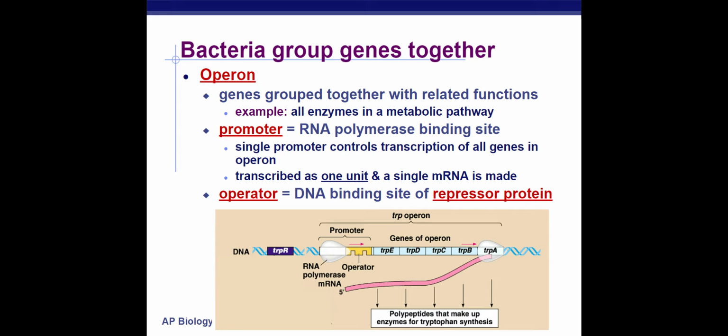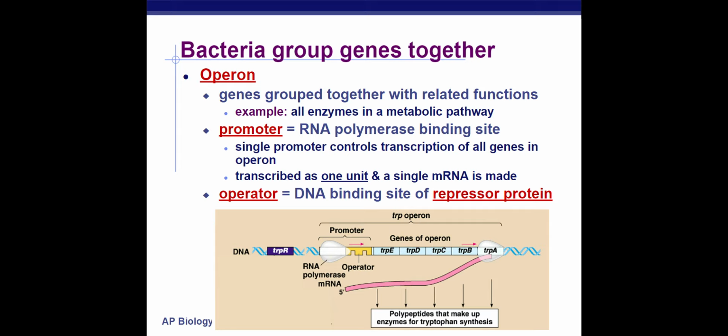And this is what's very unique about prokaryotes: you can see there it has 5 genes all used in the metabolic pathway to produce tryptophan. They're like E, D, C, B, and A. So it actually makes an mRNA sequence, and remember, we don't have introns in prokaryotes. It makes this mRNA sequence that the ribosomes can attach to and make all 5 enzymes right there.